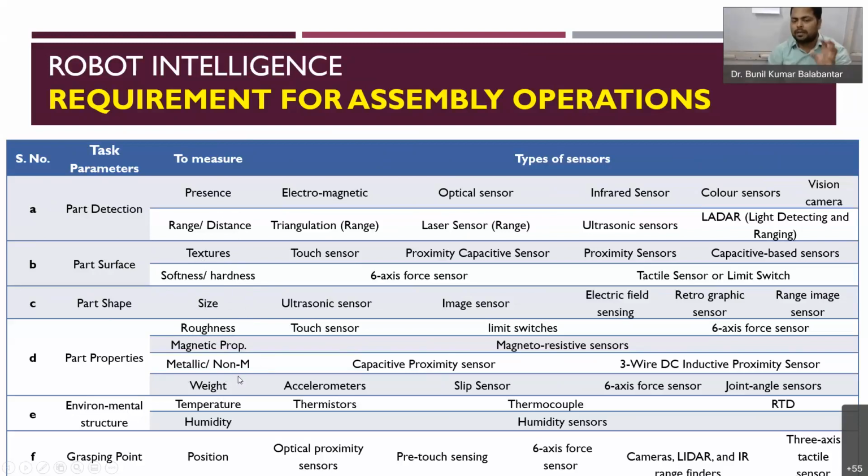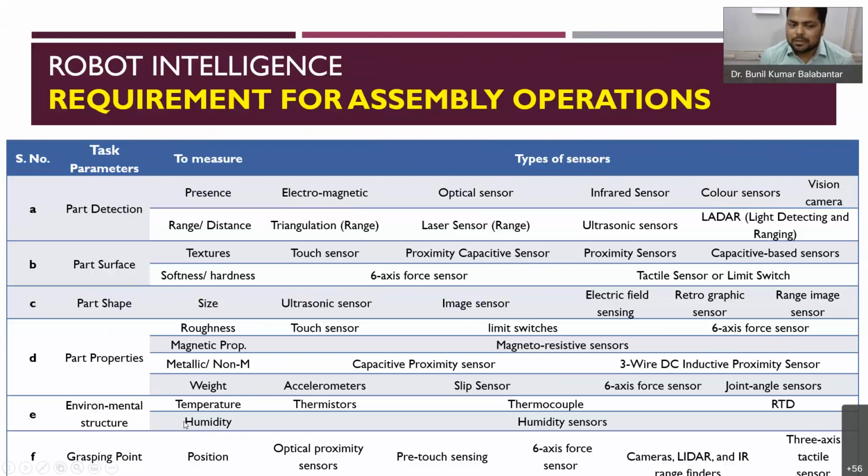We need to calculate the weight, because if I am grasping with two fingers, now the bottle is empty. If it is full of water, the two fingers may not be sufficient to grasp it. So the weight also plays a vital role. Similarly, the temperature, humidity, and positions, all these we need to calculate.